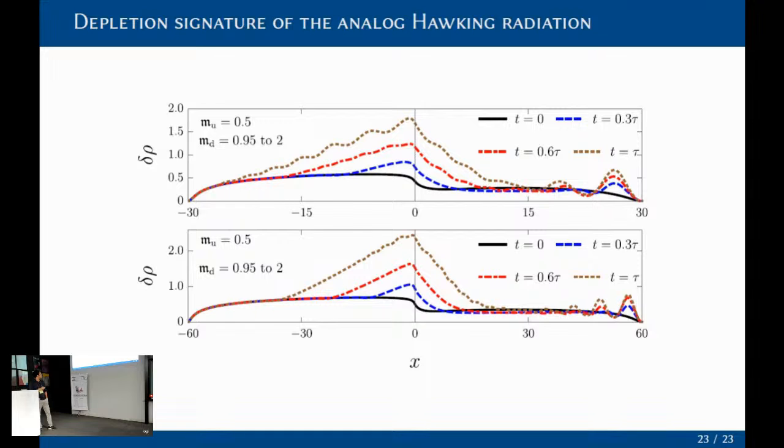So Mach number smaller than 1 is the subsonic region, Mach number higher than 1 is the supersonic region. When we do that, we see that the quantum depletion starts to develop, and we get this characteristic profile indicating that you can actually see the Hawking radiation by analyzing the depletion profile.